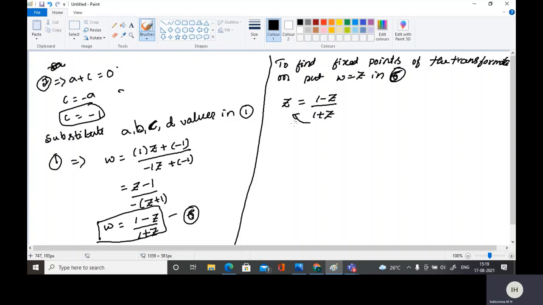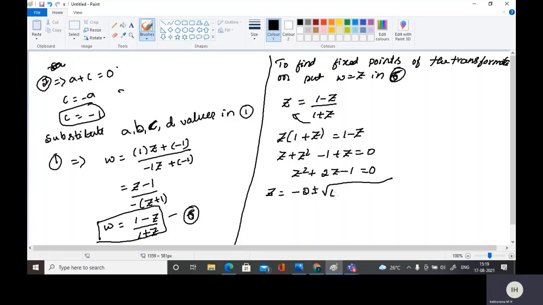Cross multiply. Z into (1 plus Z) is equal to 1 minus Z. Z plus Z square minus 1 plus Z equal to 0. Z square plus 2Z minus 1 is equal to 0. It is not possible to factorize, so we have to use the formula method. Z is equal to minus b plus or minus root of b square minus 4ac by 2a.